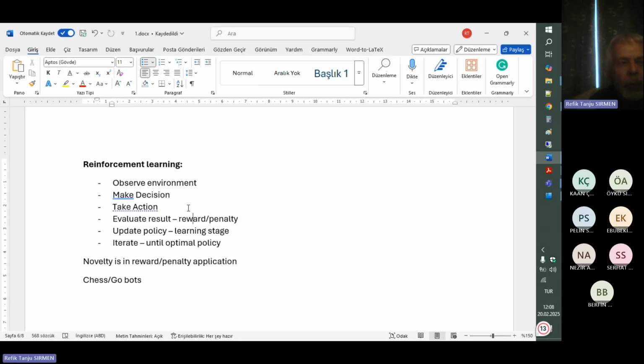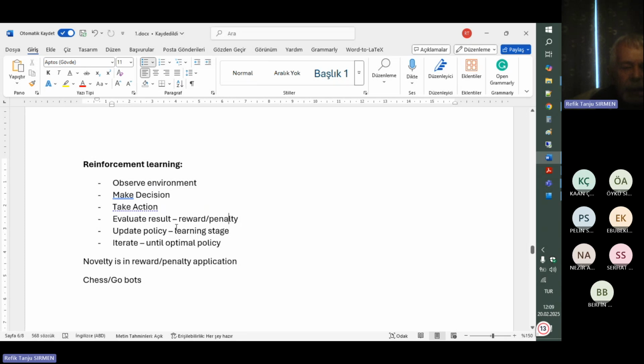Of course, not only true, false, or bad, good, this type, but we may also degrade the rewards, or we can produce some penalty for this. And based on this reward and penalty, we just update the policy. If we are getting reward, then we update, let's say, the policy behind the decision we made here.